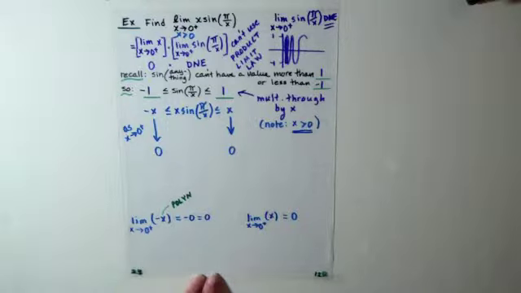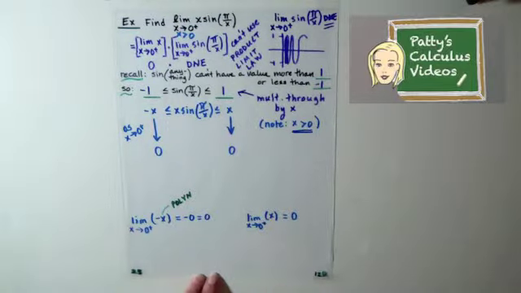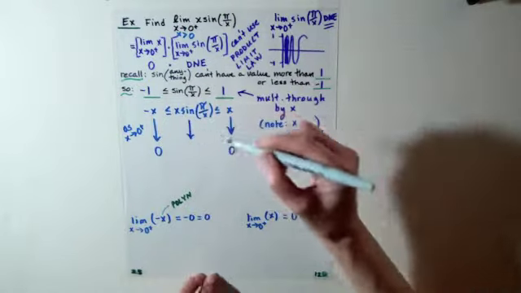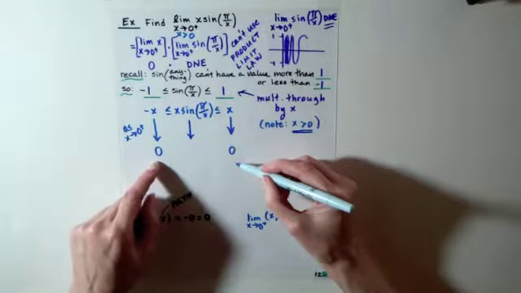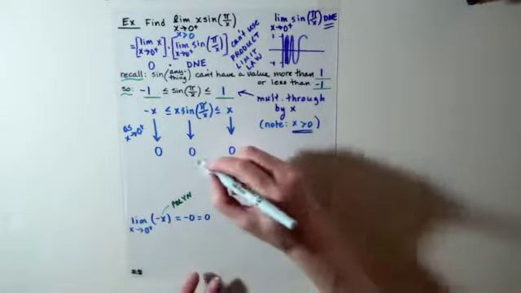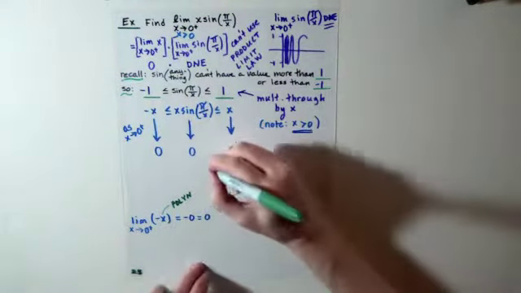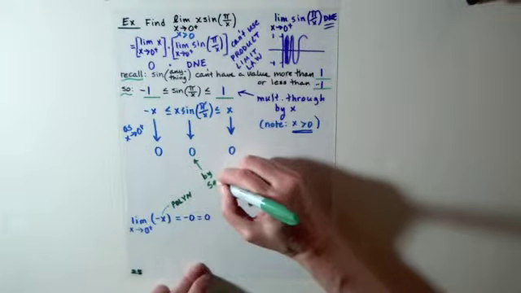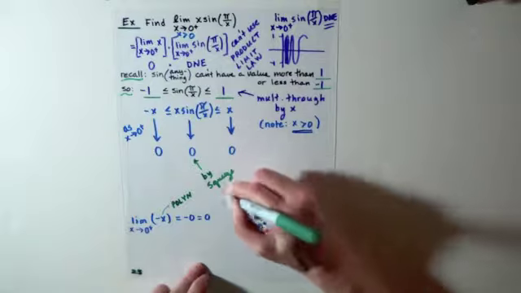What does that mean by the squeeze theorem? By the squeeze theorem, the function that's trapped between two things that are both approaching 0 must also be approaching that same number, 0. That's really by the squeeze theorem that we talked about on the previous page.